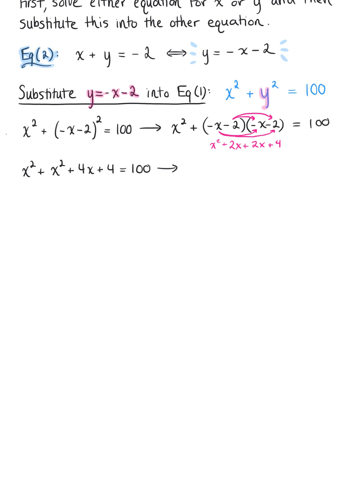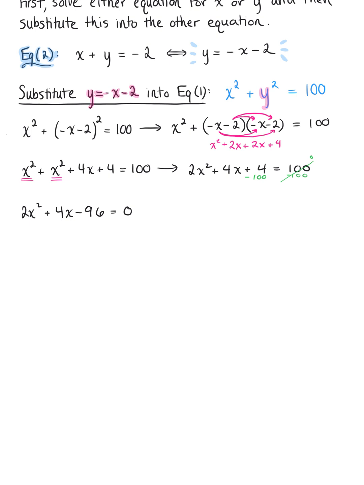And combining those like terms on the left-hand side, we have 2x squared plus 4x plus 4 is equal to 100. Now, of course, we know that in order to solve a quadratic equation, we must set this equation equal to 0. So we are going to subtract 100 from both sides to leave us with 2x squared plus 4x minus 96 is equal to 0.